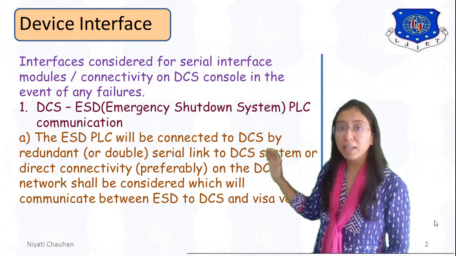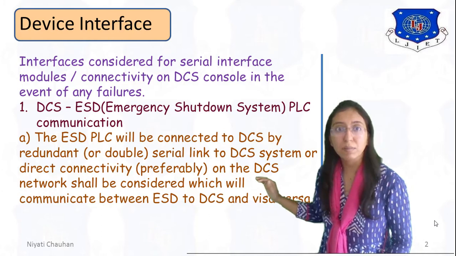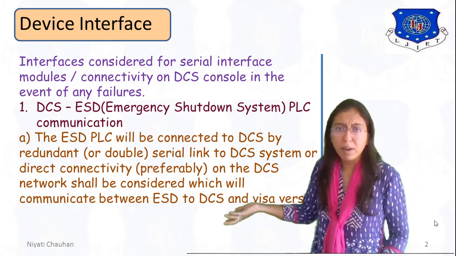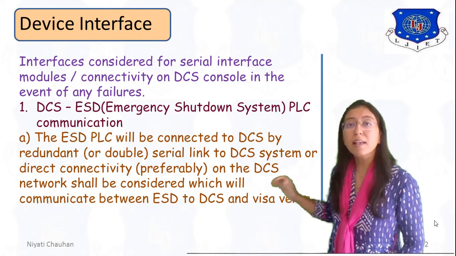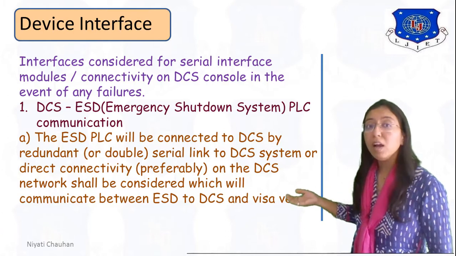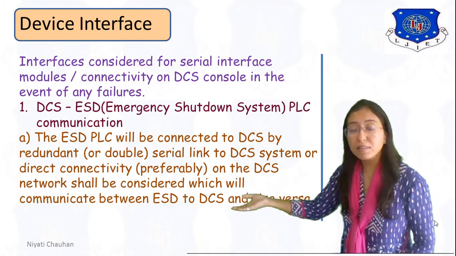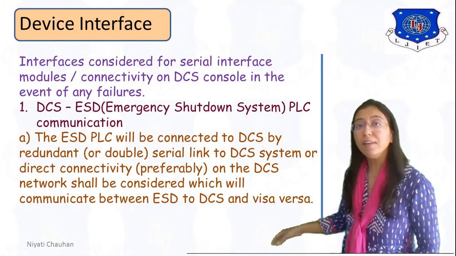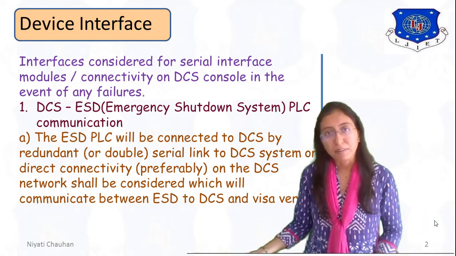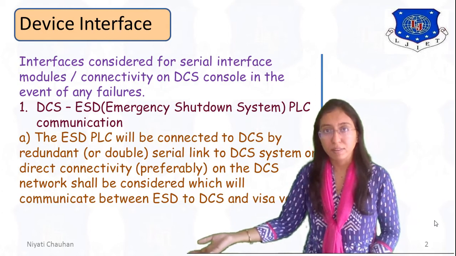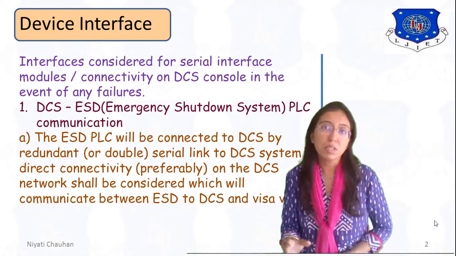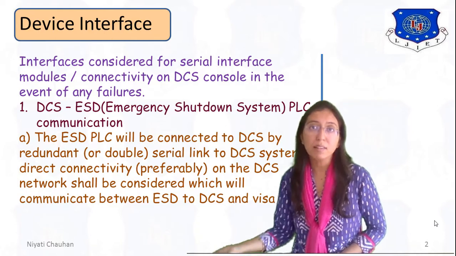This serial link to DCS system or direct connectivity, that is preferable, or DCS network shall be considered, which will communicate between ESD to DCS and vice versa. Okay, so here we are using interface system. We will communicate ESD PLC to the DCS system.